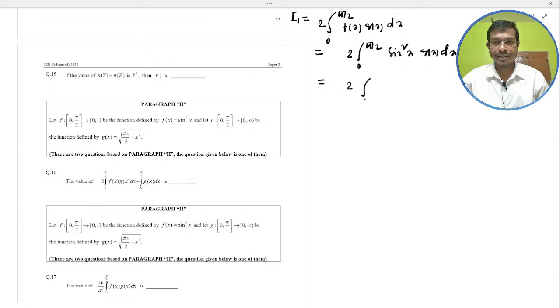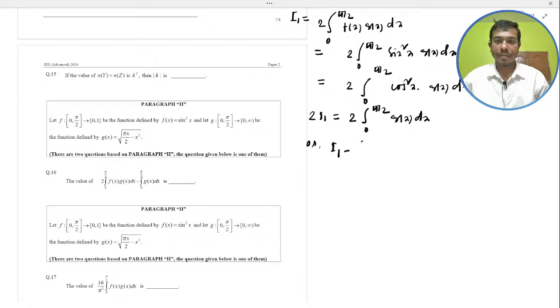This is equal to 2 times integral 0 to pi by 2 of cos square x g(x) dx. Twice I1 equal to 2 times integral 0 to pi by 2 of g(x) dx, or I1 minus integral 0 to pi by 2 of g(x) dx. This is equal to 0. So the correct option will be 0, 0.00.